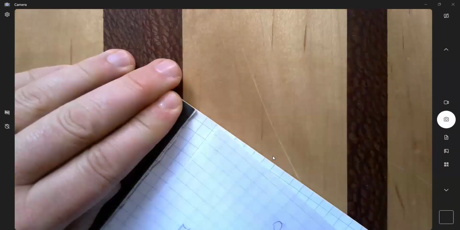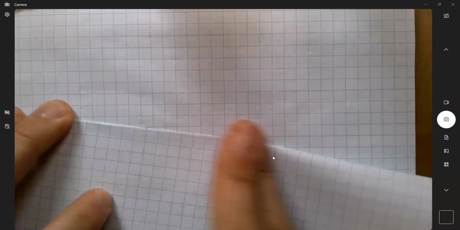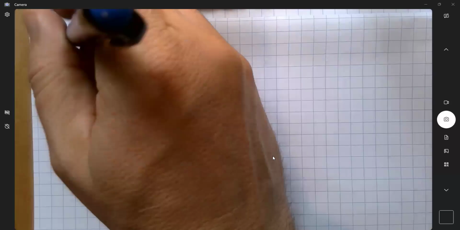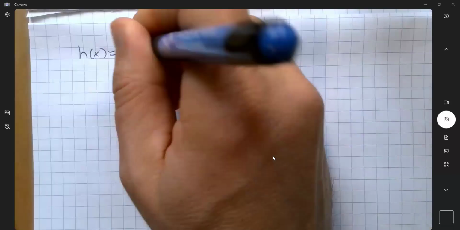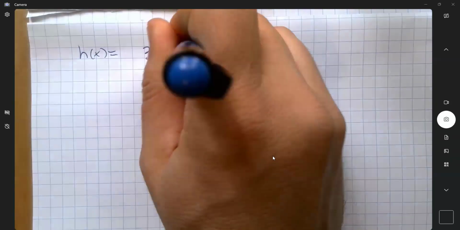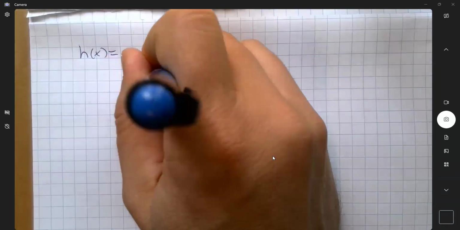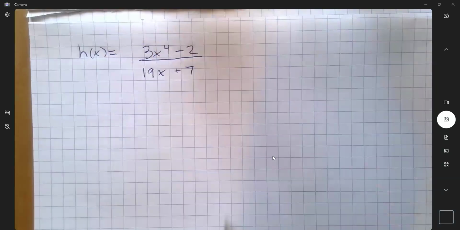Now contrast that with the other possibility. What if the top is growing faster than the bottom? So what if I have a function h of x, and it's 3x to the fourth minus 2 over 19x plus 7.